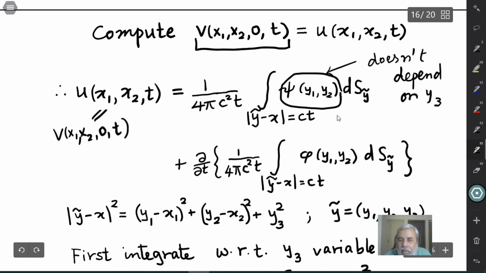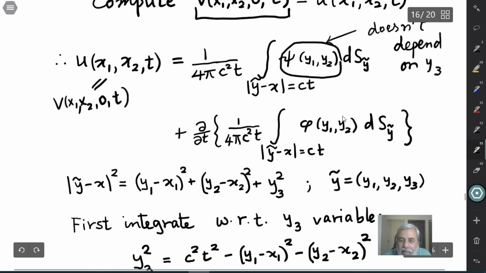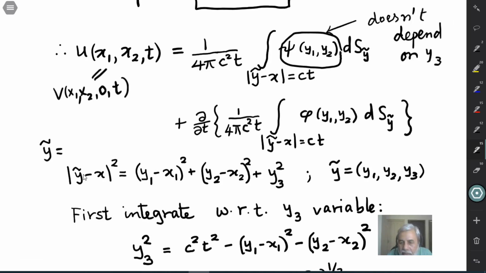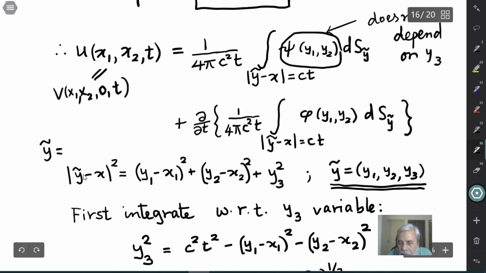So we write this surface integral as a two-dimensional integral, and that is easily done. So look at this surface. I am using here y tilde; this is in 3D. And there is no x3 here because we are taking x3 equal to 0.